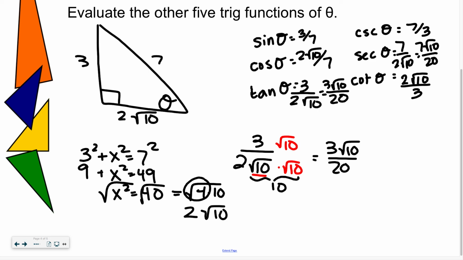But it's just a lot faster to go back to adjacent over opposite at that point. Okay, that's basically all we're doing today.